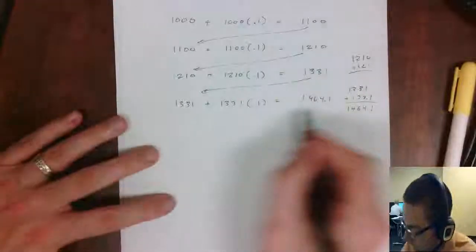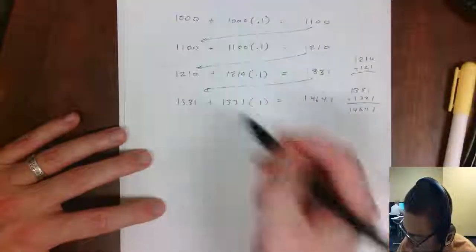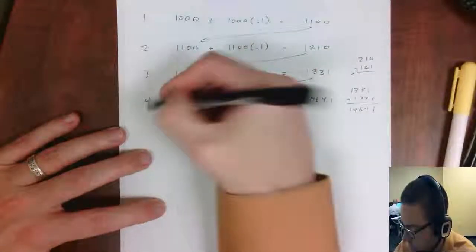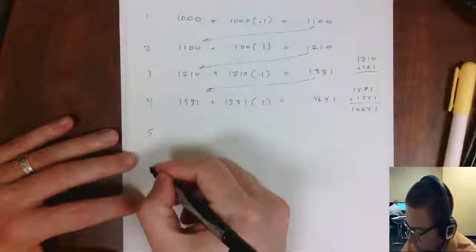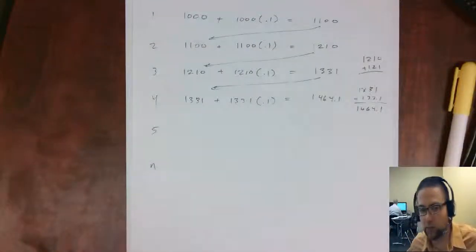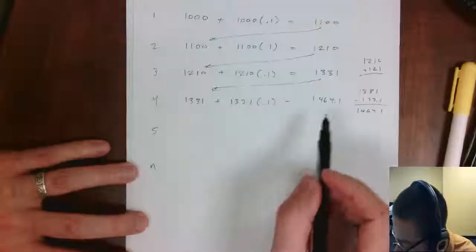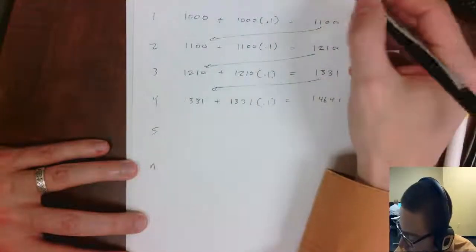And it would go on in this pattern continuously, but I want to find out, so this is the first year, right? First year, second year, third. So I want to see what it is in year N. So if I had any number of years, what would it be? So I can take advantage of this pattern that seems to be appearing, and instead of using the numbers, let me use variables.